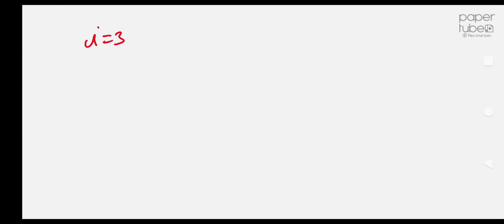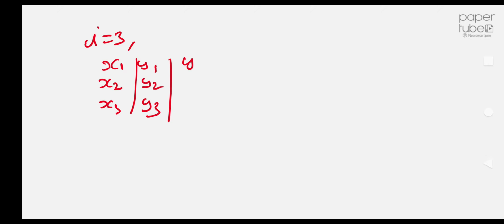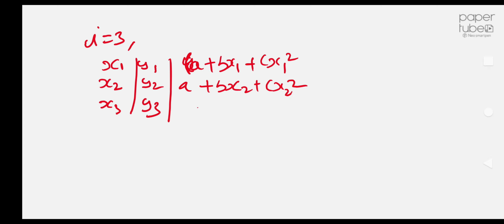So let me write that equation. I said we have i equal to 3, which means we have x1, x2, x3, y1, y2, y3, and then the predicted values, given by a plus b x1 plus c x1 squared, a plus b x2 plus c x2 squared, and a plus b x3 plus c x3 squared.